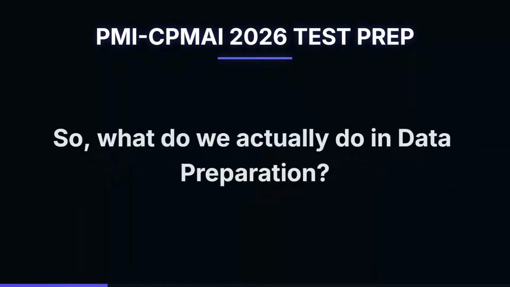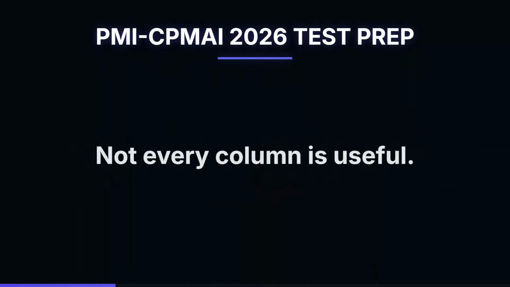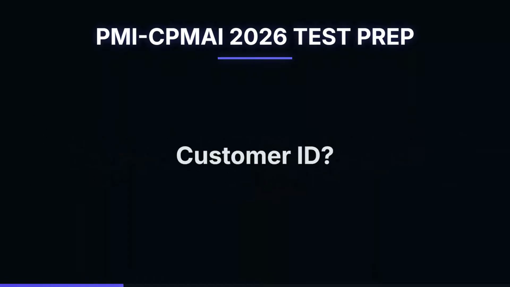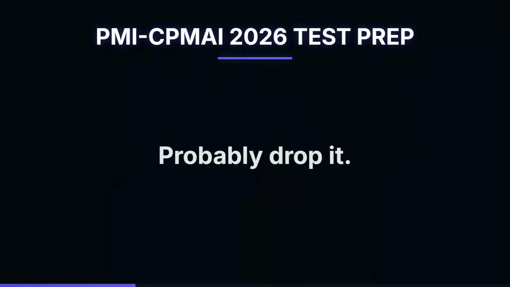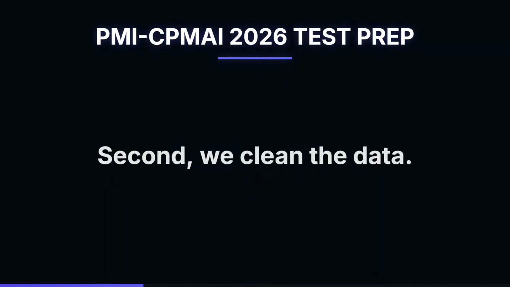So, what do we actually do in data preparation? First, we select the data we actually need. Not every column is useful. Drop the irrelevant stuff. Customer ID. Keep it. Favorite color. Probably drop it. Be ruthless.